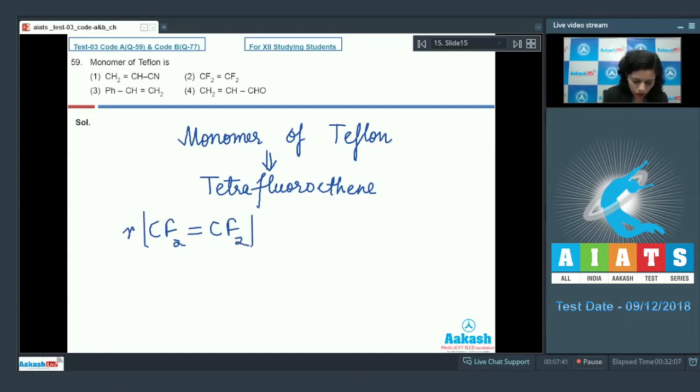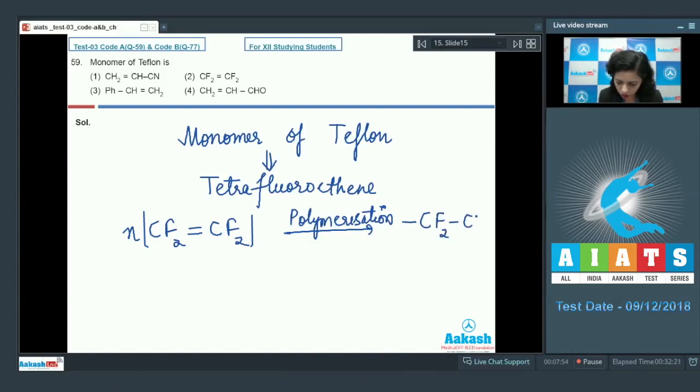On polymerization, it results in the formation of this polymer that is called Teflon. And on that basis, we can easily choose option 2 as the correct option. This was quite an easy question.